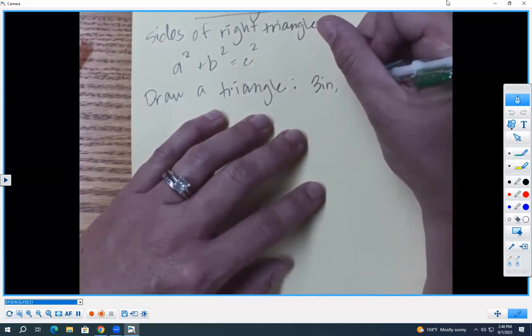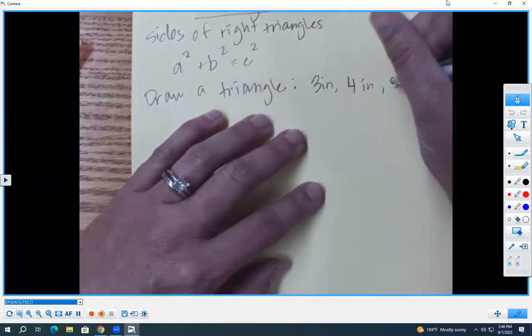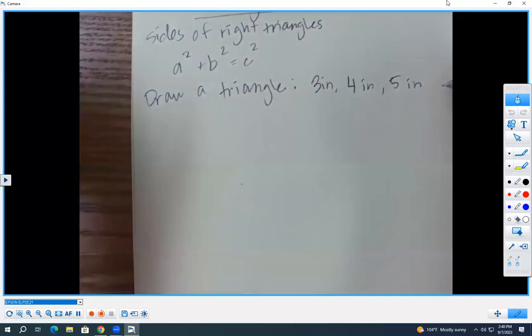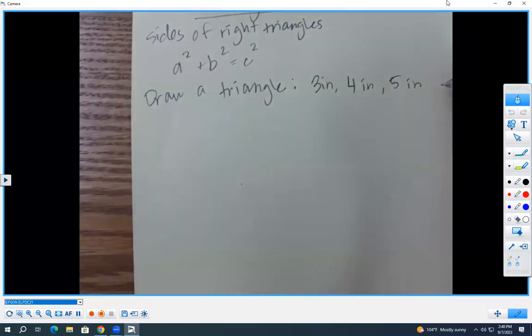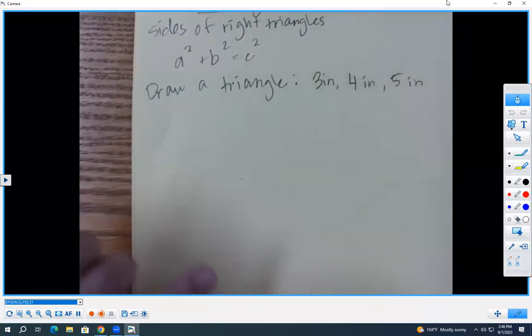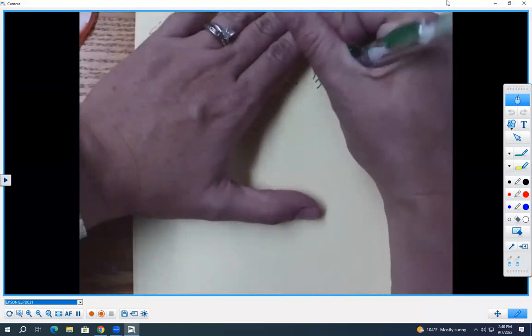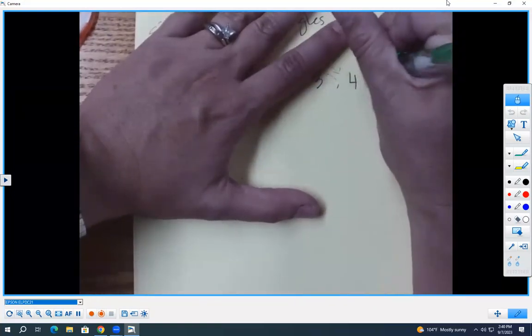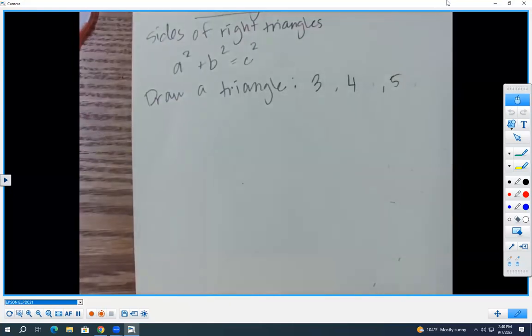I'd probably do inches, 4 inches and 5 inches. 4 centimeters, doesn't matter. Just put a unit here, it doesn't matter. 3, 4, 5. So if you want a ruler, I have a ruler. Or your compass has some measurements on there, you might be able to get away with.